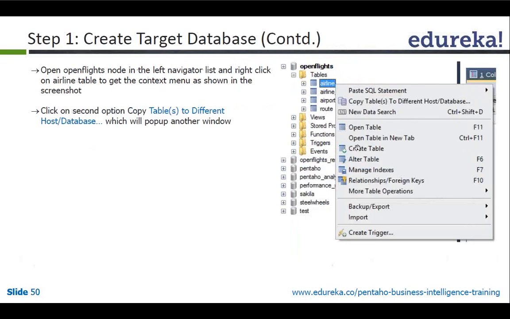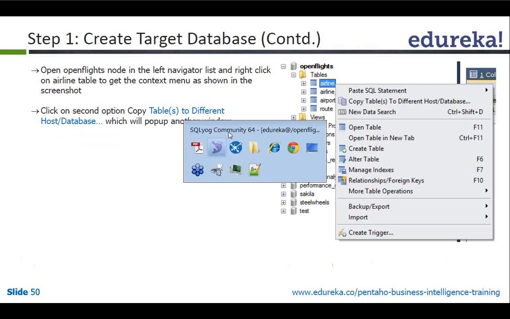So the same step continued. Now OpenFlights node in the left navigator list. So right click the airline table to get the context menu as shown in the screenshot. Click the second option, copy tables to different host database.